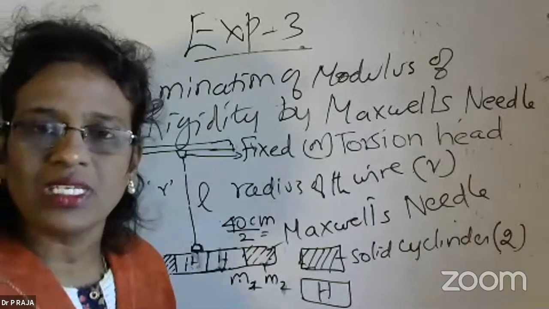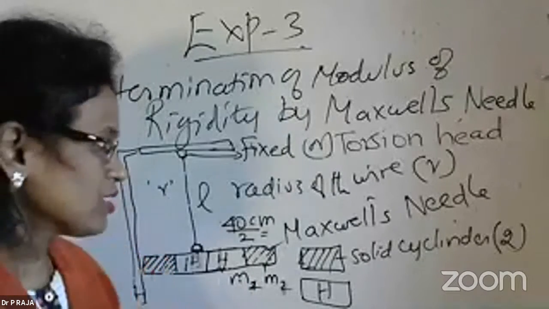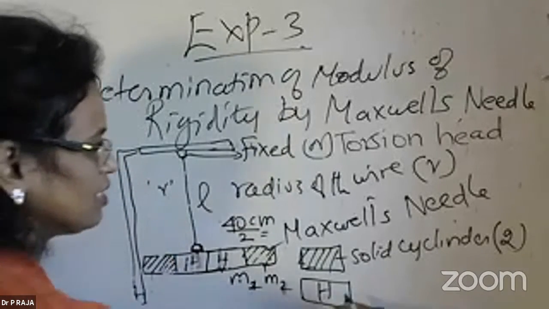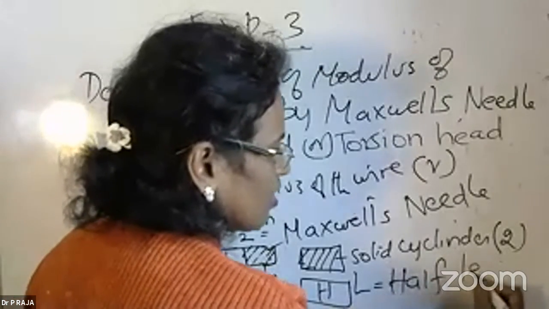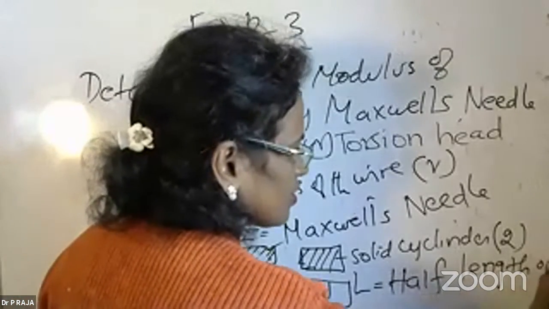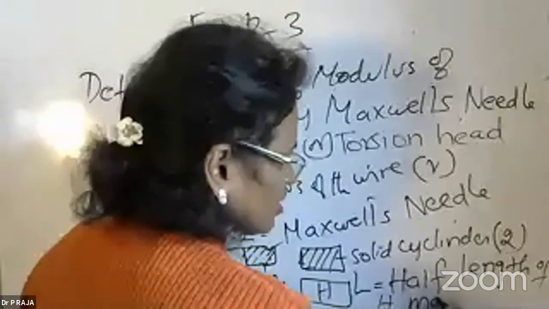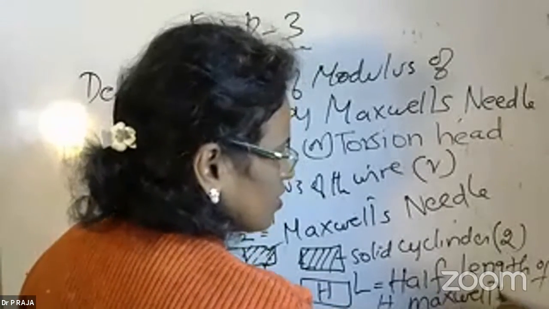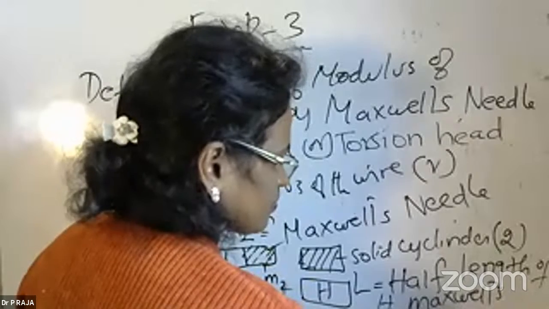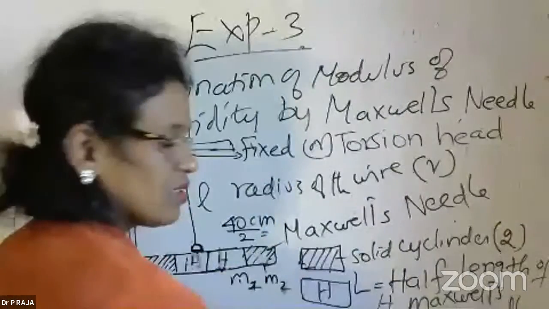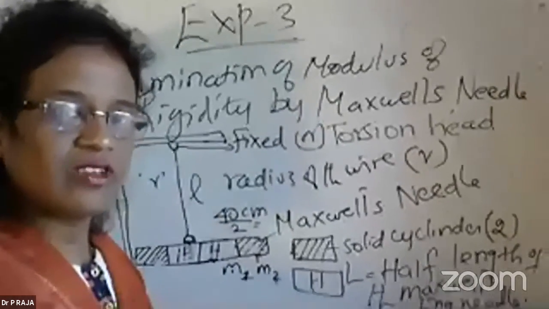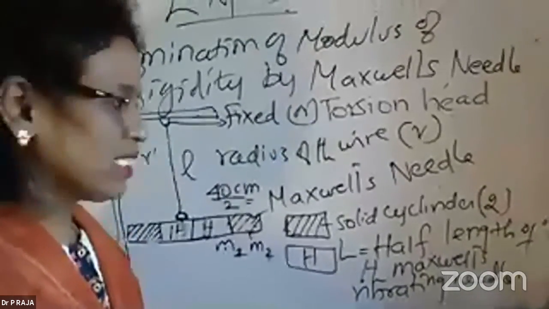That will be called the half length of the Maxwell's needle. So capital L is called the half length of the Maxwell's vibrating needle.